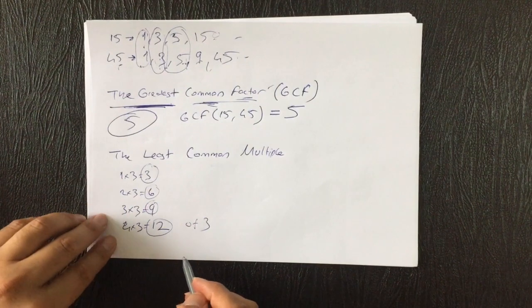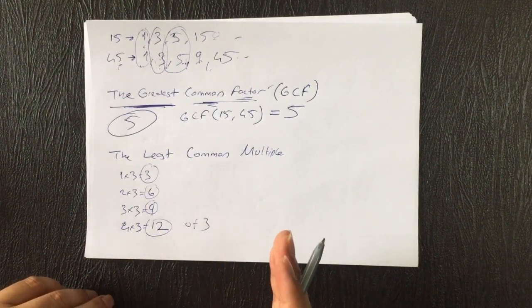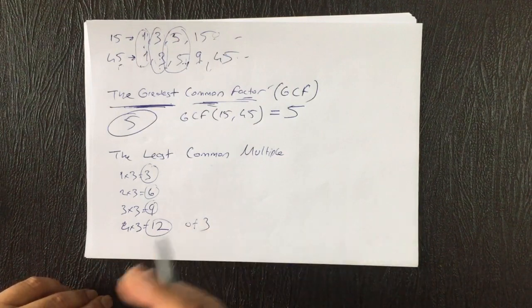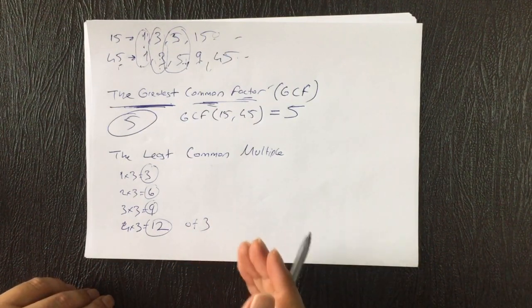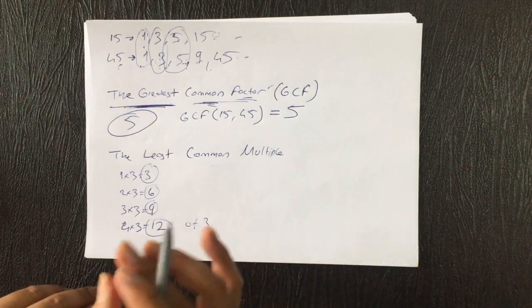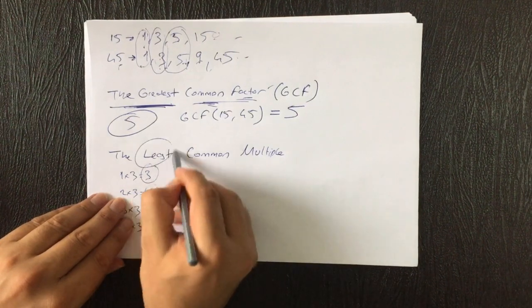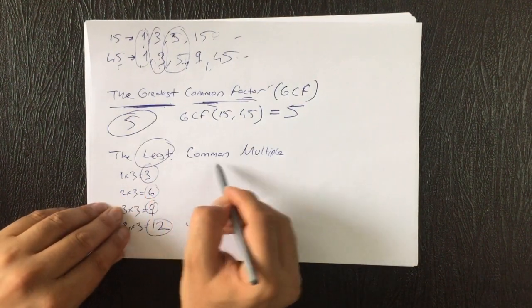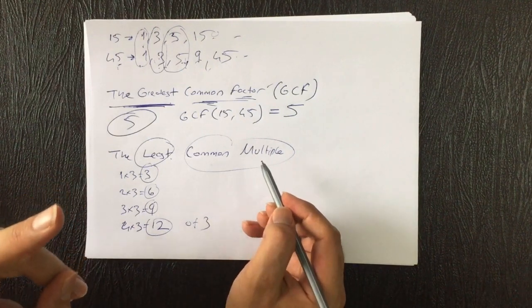All of them are multiples of 3. So you are going number by number: 3, 6, add 3, it's 9. Add 3 is 12. Add 3 is 15. They are the multiples. Okay, so we will try to find the least one with two numbers.